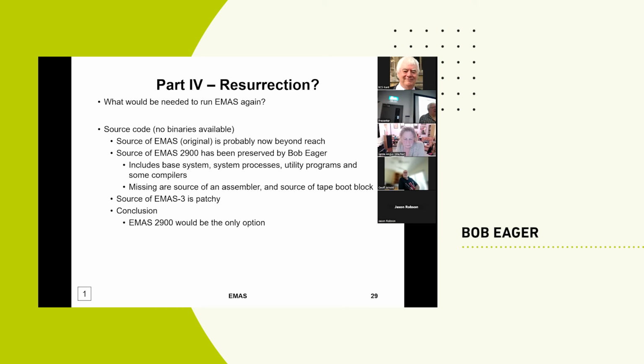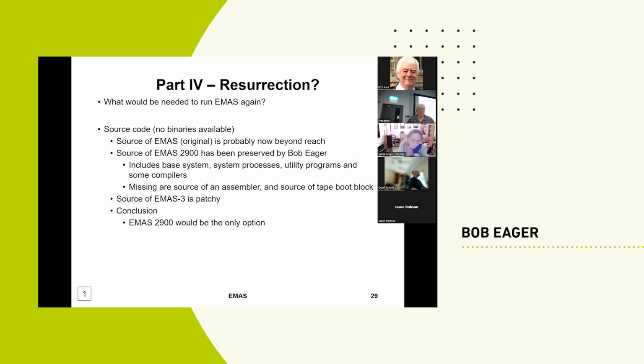My source code of EMAS went from EMAS to VAX VMS to a 5¼ inch floppy or two, and from there to 3½ inch floppies, and from there to bigger hard disks, and so on. So the source of the original EMAS, EMAS 1, is no longer there. You can't get it. It's disappeared into the ether.